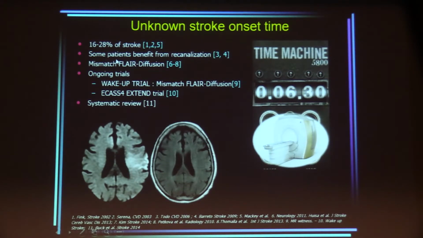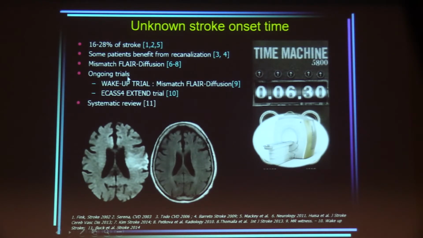So we know that some patients benefit from recanalization, and one of the ideas is to use what we call a mismatch between the diffusion and the FLAIR sequence. That means that they have a stroke here on the diffusion and they have no signal changes on the FLAIR. The idea behind that is to use MR as a time machine in patients where we don't know when the stroke started.